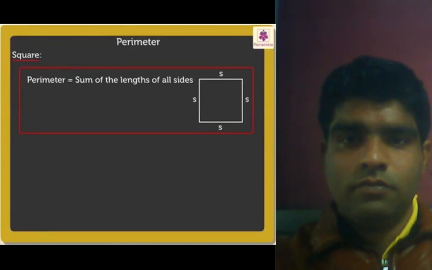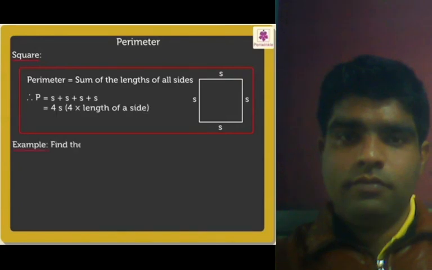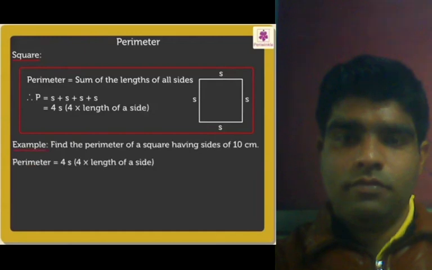Perimeter of a square is S plus S plus S plus S, which is equal to 4 times the length of a side. Now, let's find the perimeter of a square having sides of 10 meters. Perimeter of the square is equal to 4 into 10, which is equal to 40 meters.